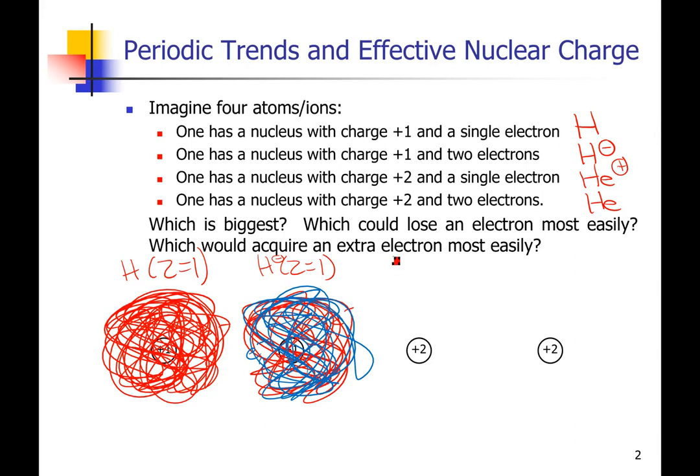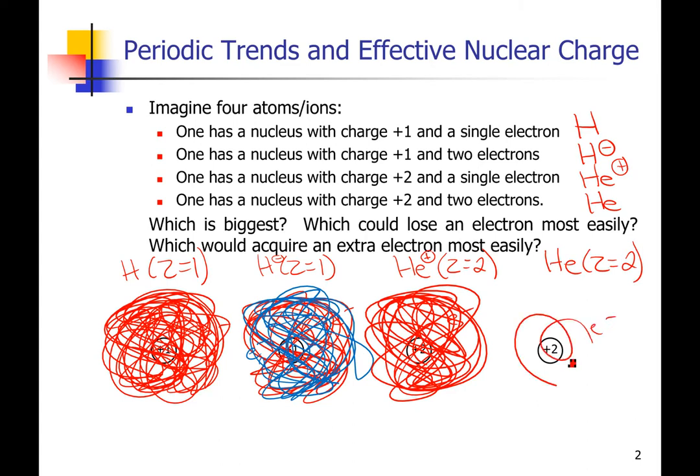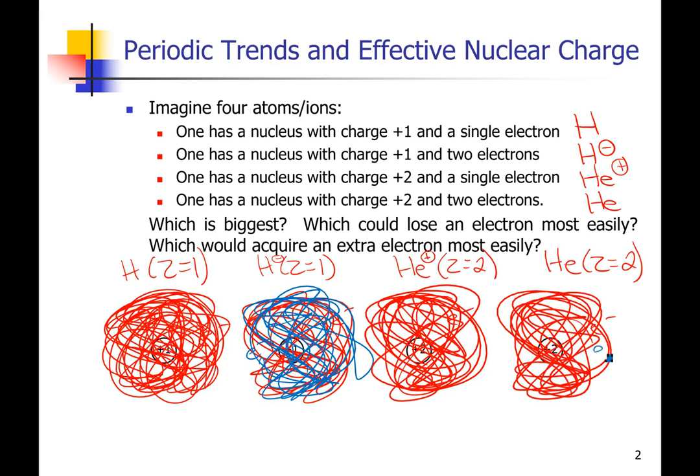For my helium cation, I have 2 protons in the nucleus, so my atomic number is 2, but I still only have 1 electron, and it's moving around all over the place like a crazy thing, just like so. And then in neutral helium, we also have 2 protons in the nucleus and our electron moving around all over the place, and a second electron also in that same orbital.